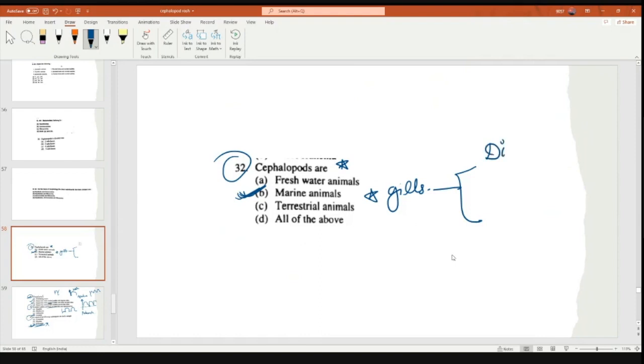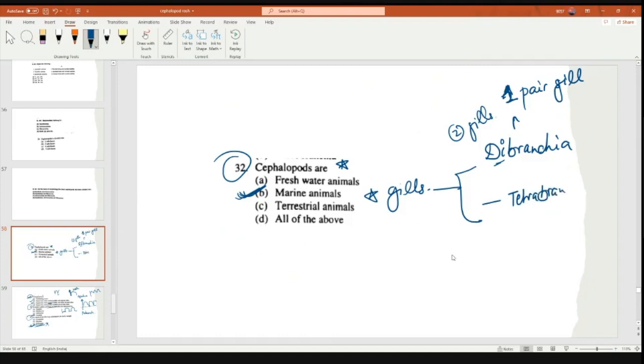First one is the dibranchia, which is having one pair of gills. Di means two, so two gills. One pair means two gills. And the second classification is the tetrabranchia, which is having two pairs of gills.